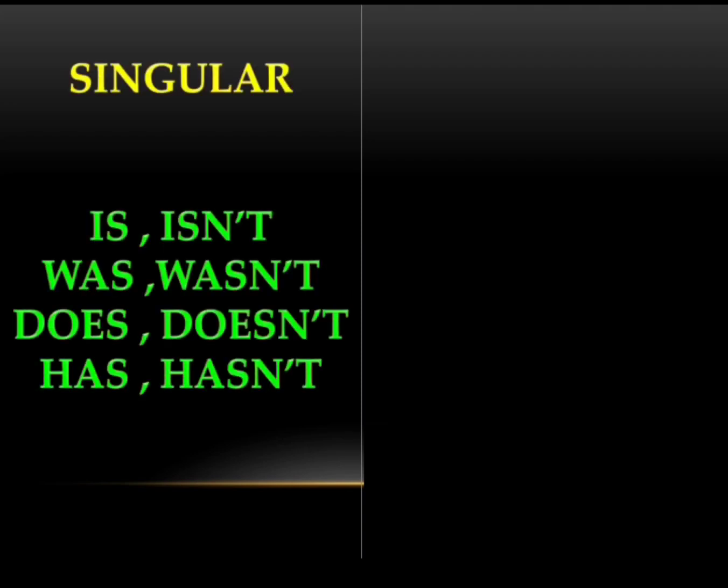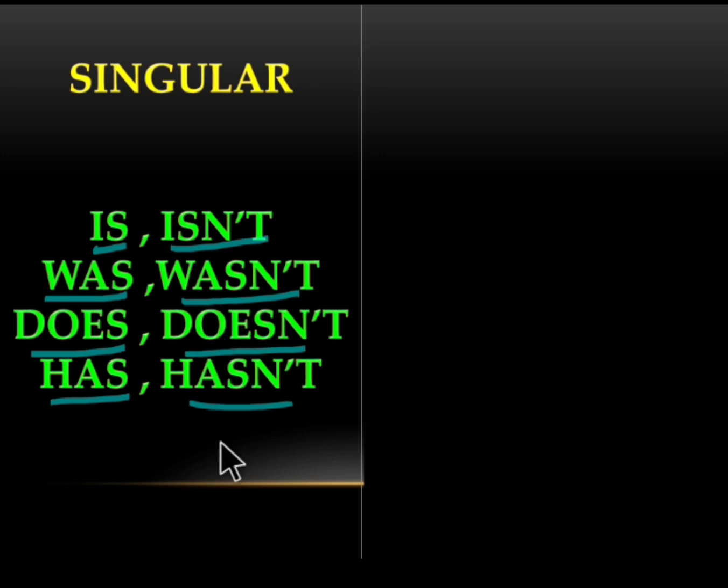First, let us see the singular be verbs, do verbs and have verbs. In singular, we have the be verbs is, which is the positive, isn't, which is the negative, was, which is the positive, does is positive, has is positive. And the negatives are isn't, wasn't, doesn't and hasn't.